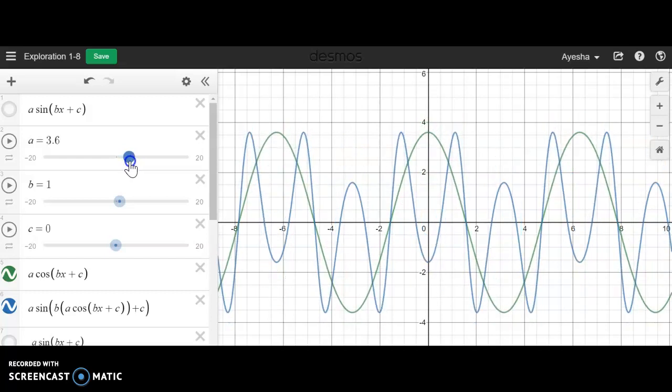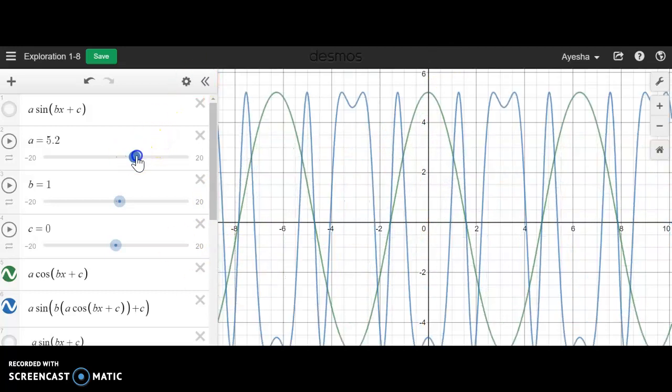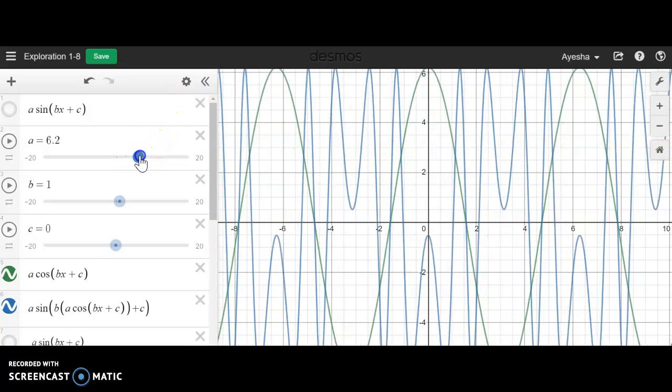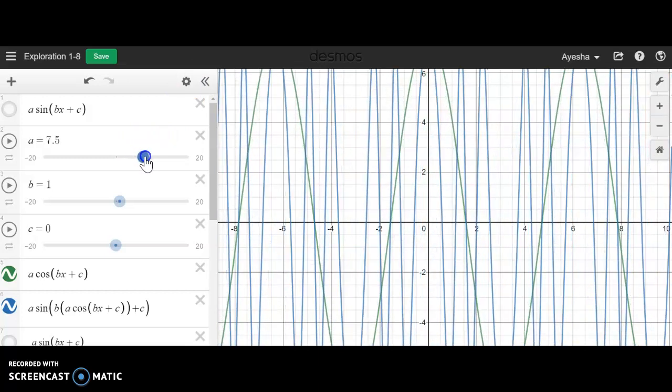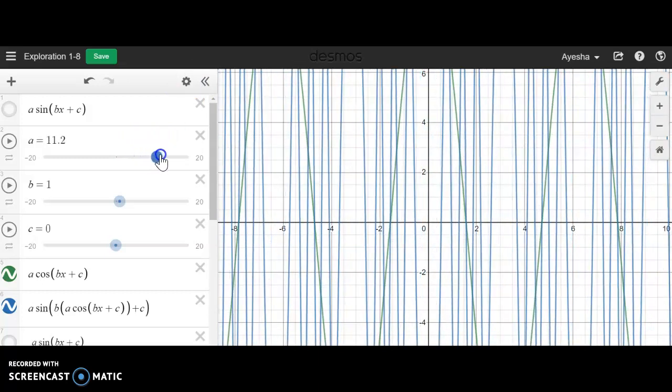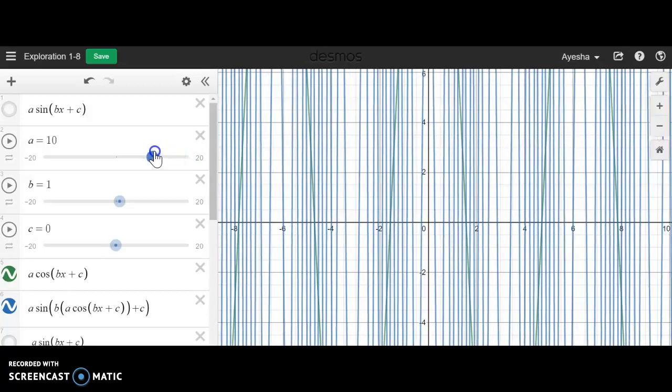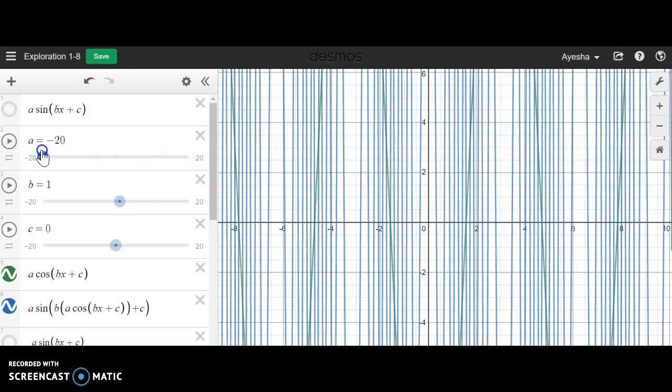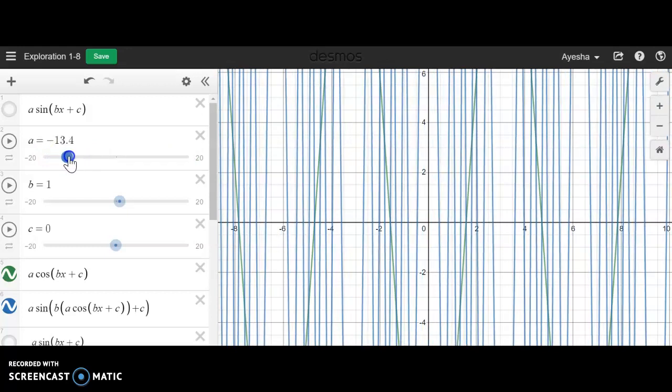The waves that we're seeing in this graph, the blue, are not uniform. We're getting different sizes, and it's getting weirder and weirder as we progress on changing the value of a.